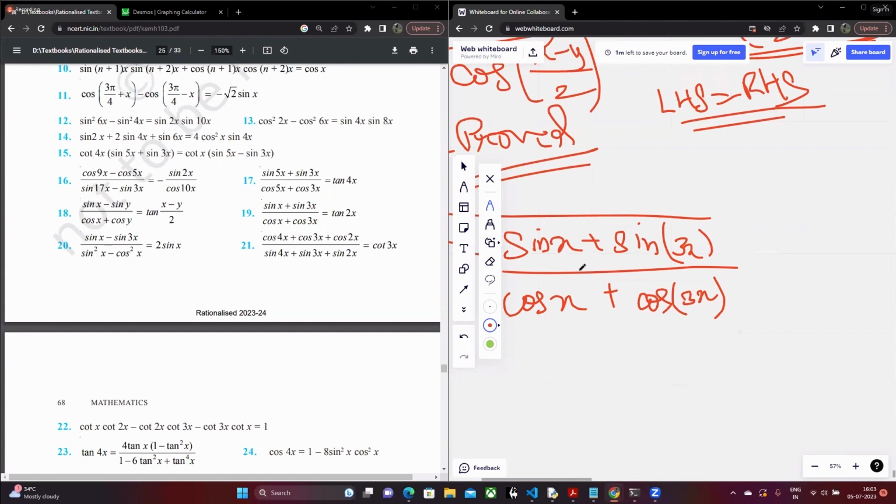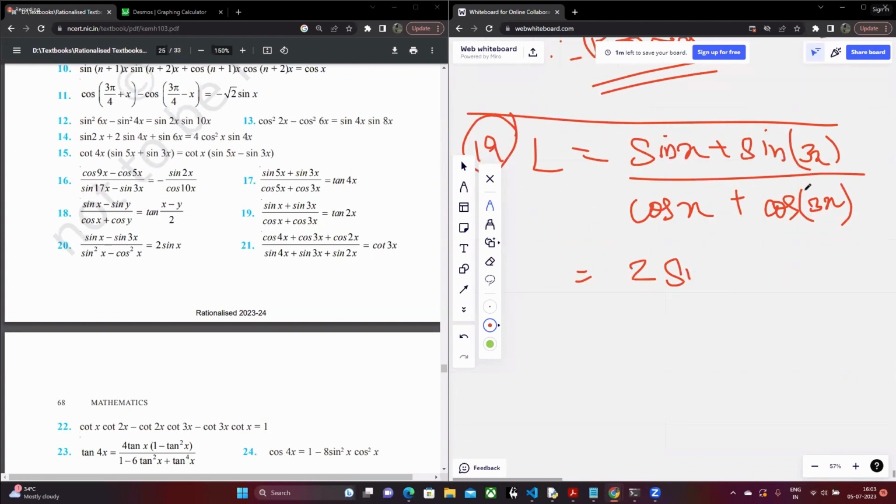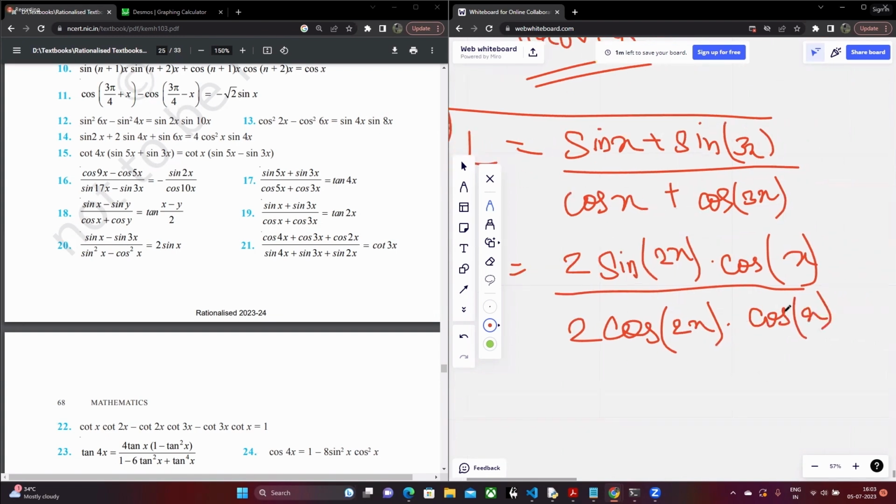This is the left hand side expression. Remember the sine and the cos formula. Sin x plus sin 3x is going to be 2 sine of 4x by 2, that is 2x, into cos of 3x minus x by 2, that is x, divided by 2 cos of x plus 3x by 2, that is 2x, into cos of x minus 3x by 2, that is x. So cos x and cos x cancel out, 2 and 2 get cancelled out.